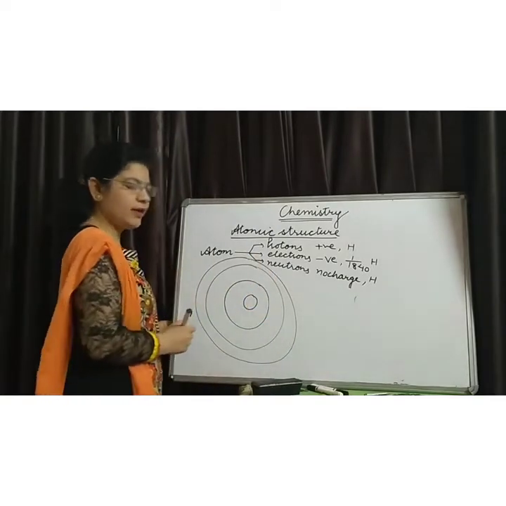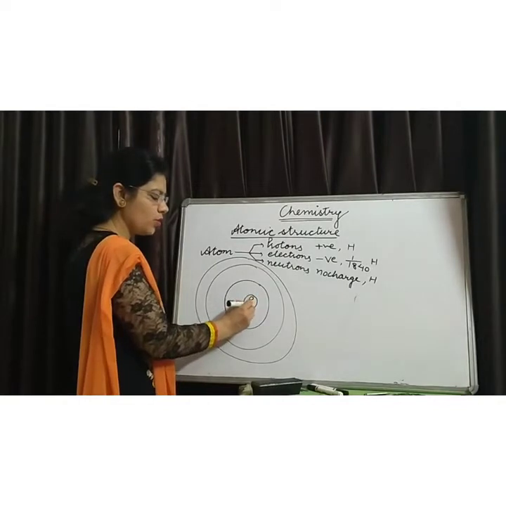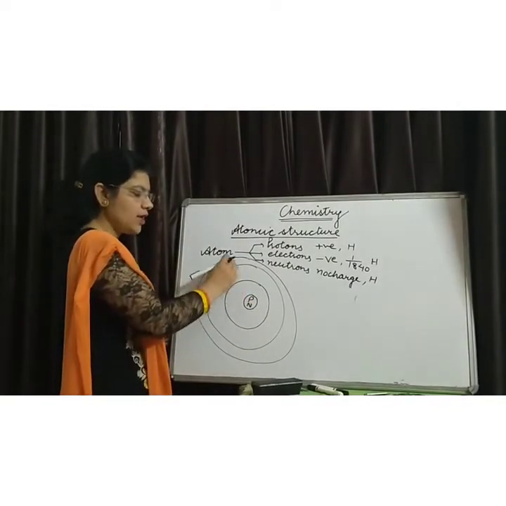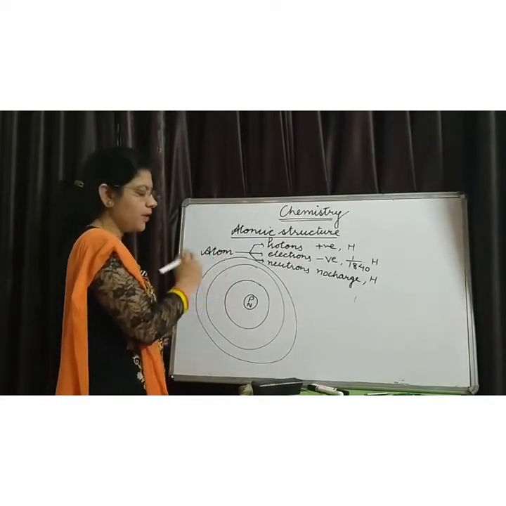In the nucleus, all the protons and all the neutrons are present. Outside the nucleus, different orbits are present.